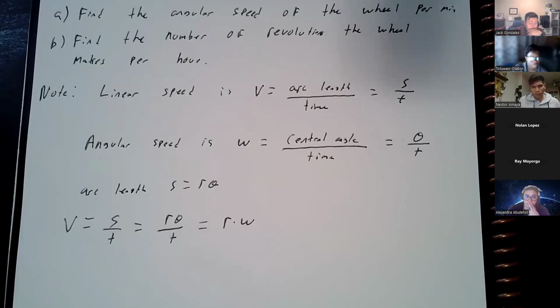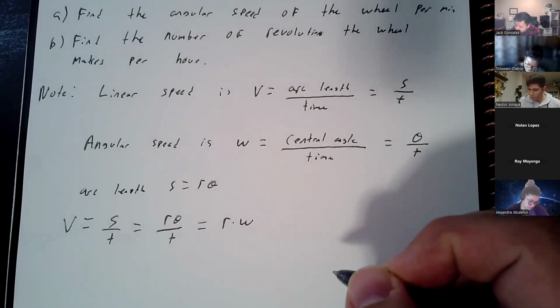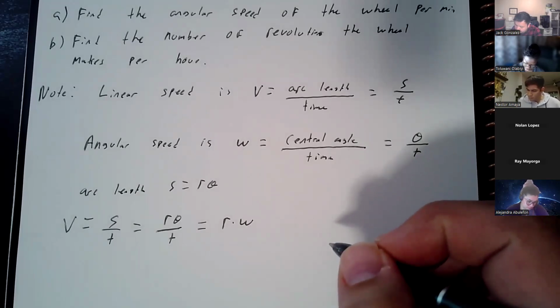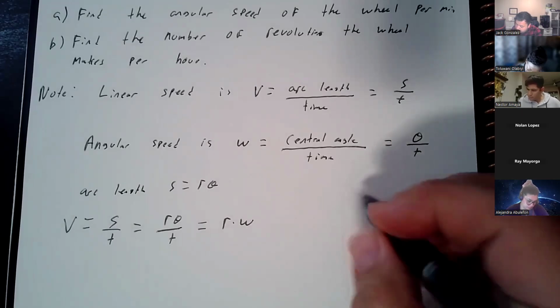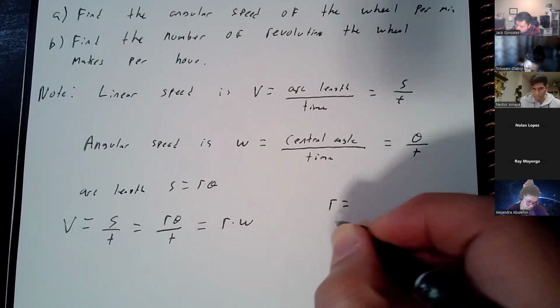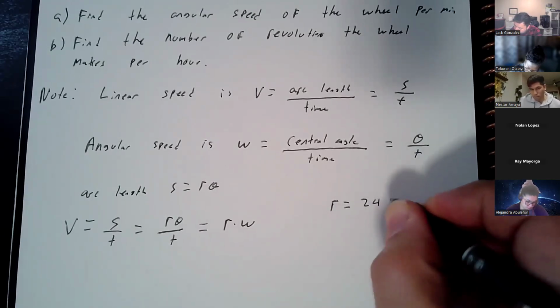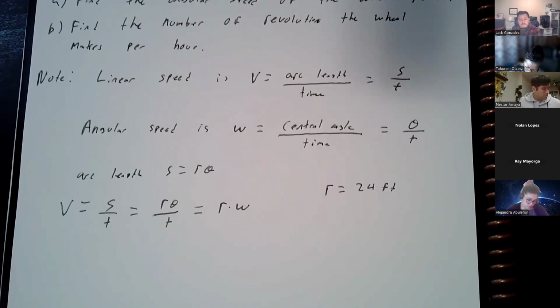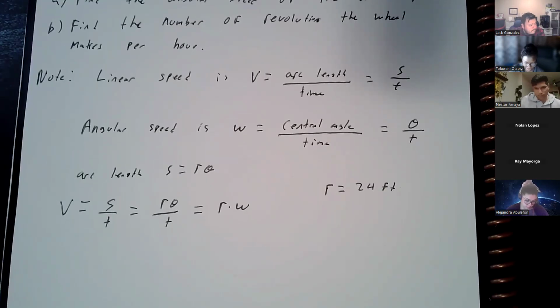Okay. So part A said find the angular speed. What were we given? We got radius, right? What else we got?